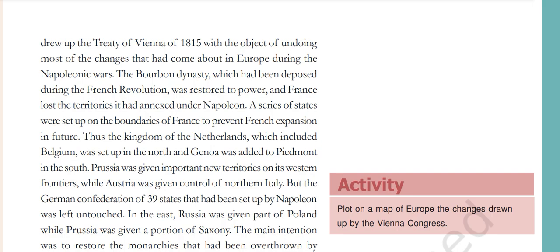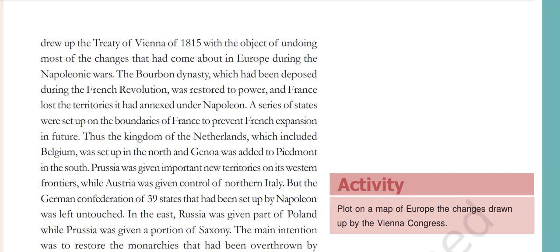Thus, the Kingdom of the Netherlands, which included Belgium, was set up in the north, and Genoa was added to Piedmont in the south. Prussia was given important new territories on its western frontiers, while Austria was given control of northern Italy. But the German Confederation of 39 states that had been set up by Napoleon was left untouched.